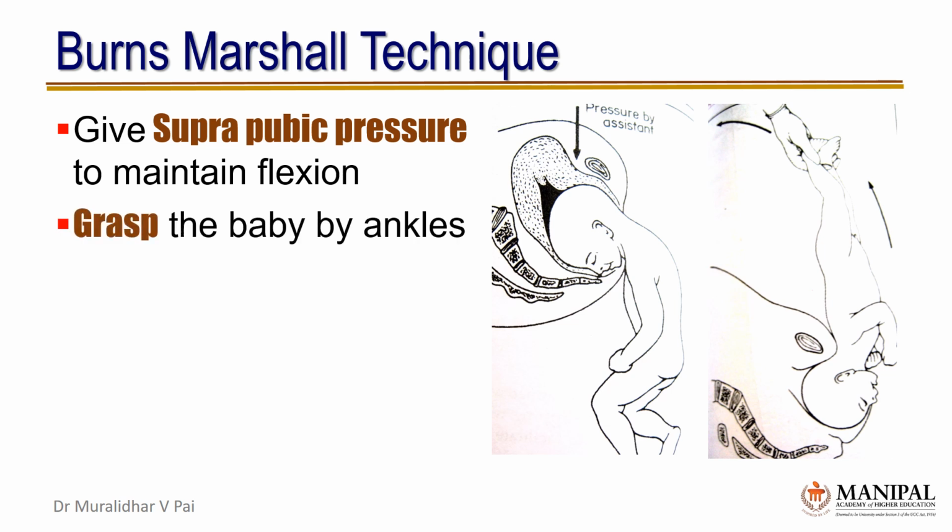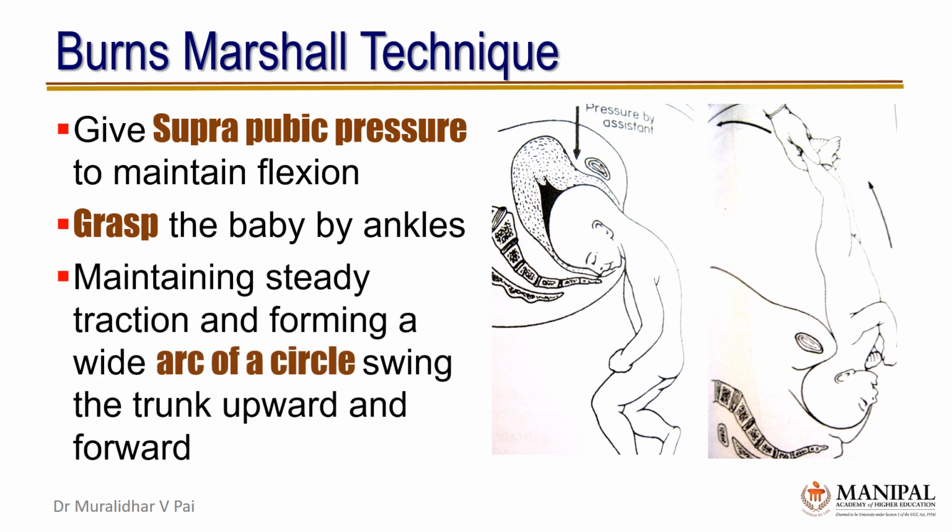The delivering obstetrician will grasp the baby's ankles and maintaining a steady traction and forming a wide arc of a circle, the baby is swung on the mother's abdomen, that is upwards and forwards. The baby's head will automatically deliver.